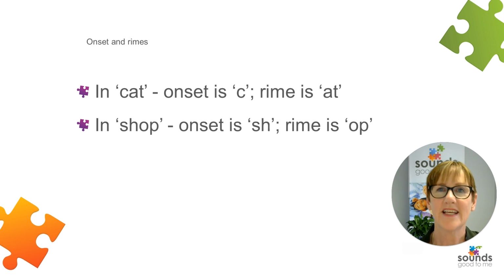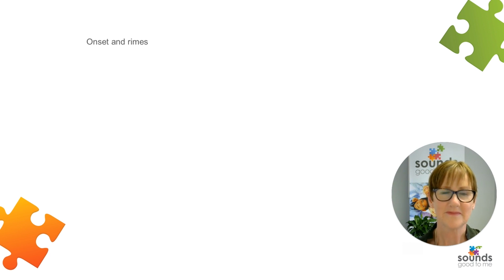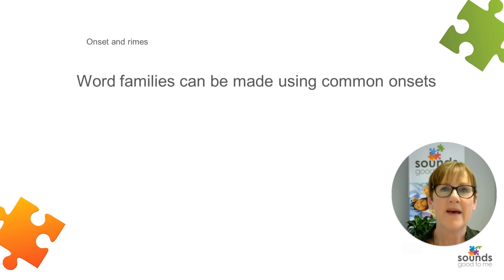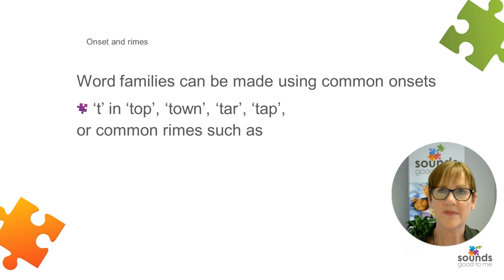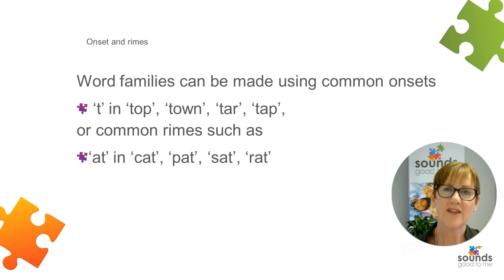In shop, the onset is sh, and the rhyme is op. Word families can be made up using common onsets, such as t in top, town, tar, and tap, or common rhymes, such as at in cat, pat, sat, and rat. So onset and rhyme is another way of breaking down a chunk of a word into smaller parts. And these are the sorts of skills we're going to be teaching the children in Sounds Good to Me.